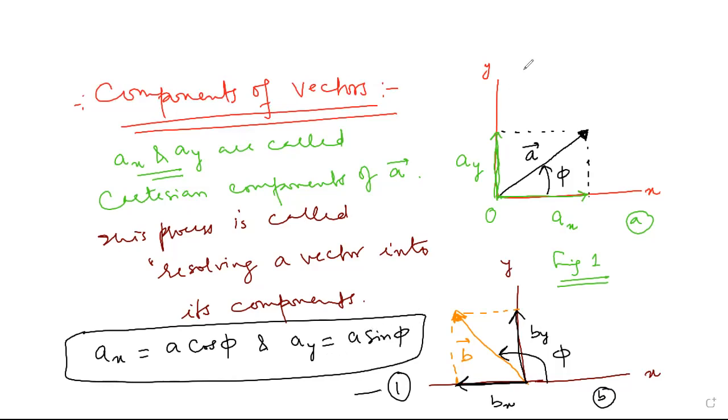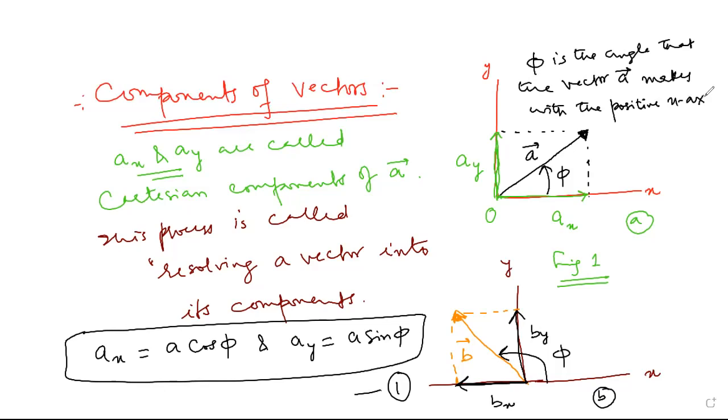But you have to understand this, that this phi, this is the convention, phi is the angle that the vector A makes with the positive x-axis measured, this is important, counterclockwise from this axis.